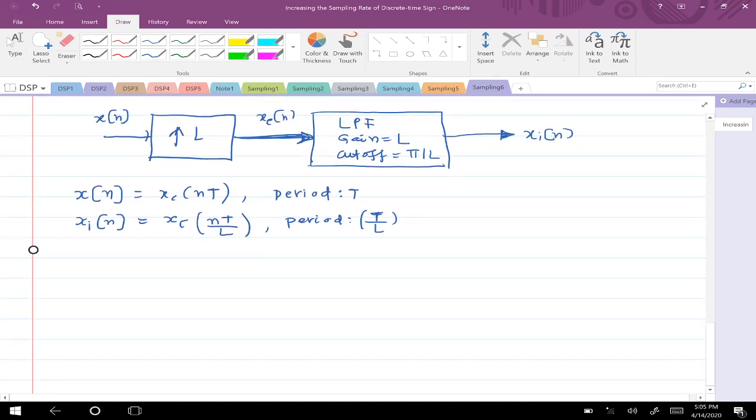Now the way we would like to write the expander, the first step, to obtain x_e of n from x of n. Let me start with an example so that this becomes very intuitive. For example, I have an x of n something like this: 3, 4, 0, 1, 2, 3.